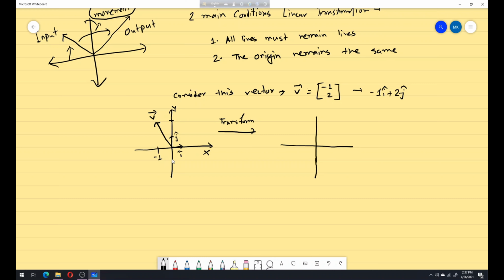This was your previous vector v, and the transformed i cap in this case is, let's say, another vector -1, -2, this is your transformed i cap, i cap prime, and this is your transformed j cap.